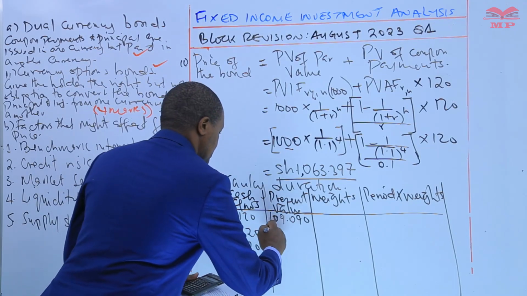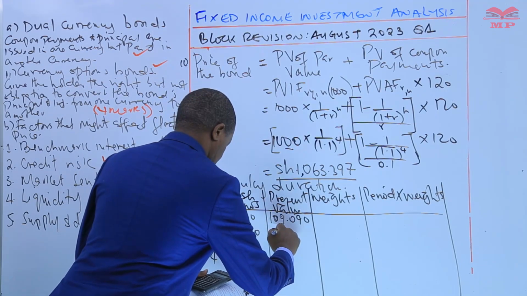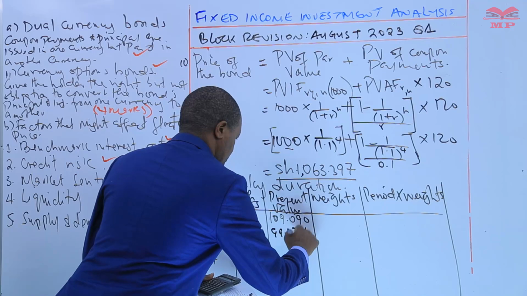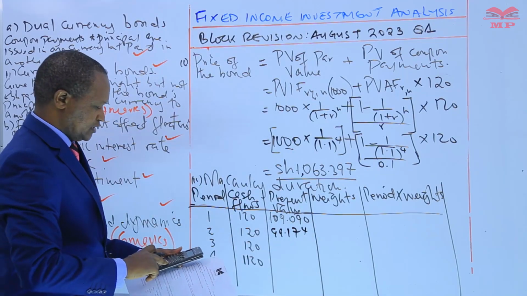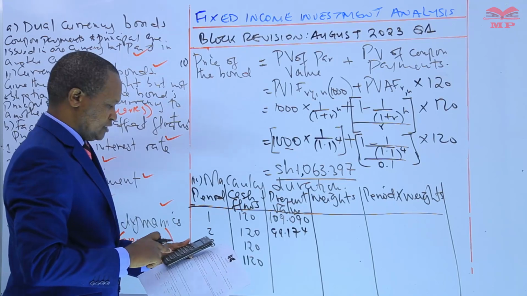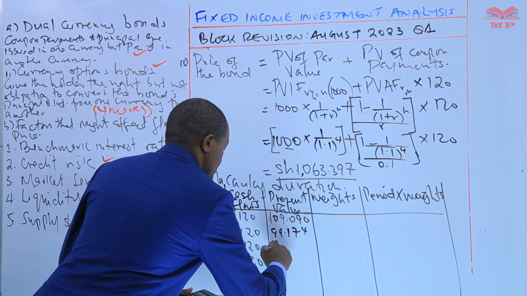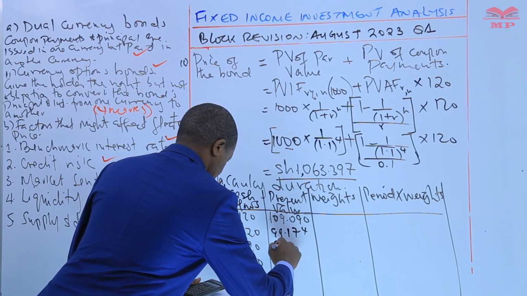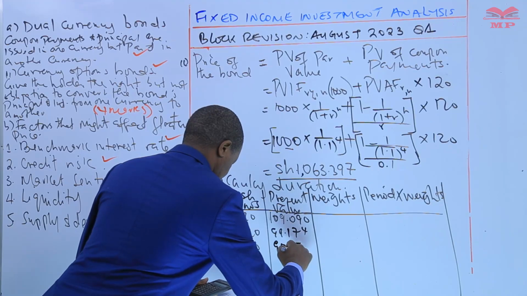Second year is 99.174. Next, raised to 3 years, 90.157.